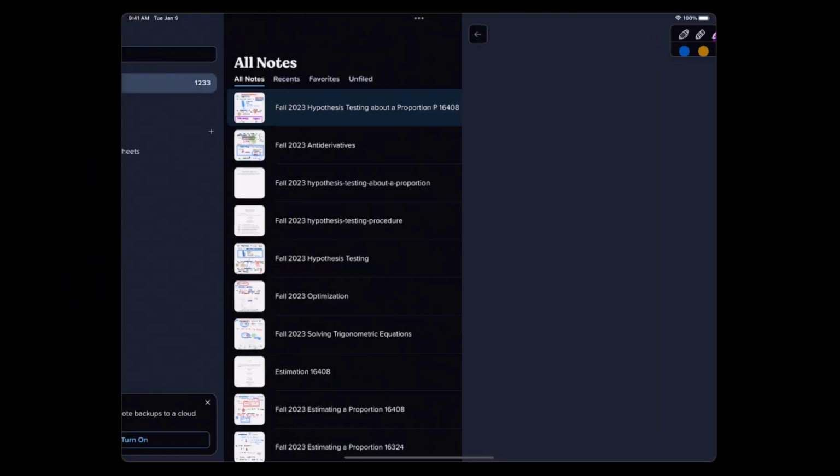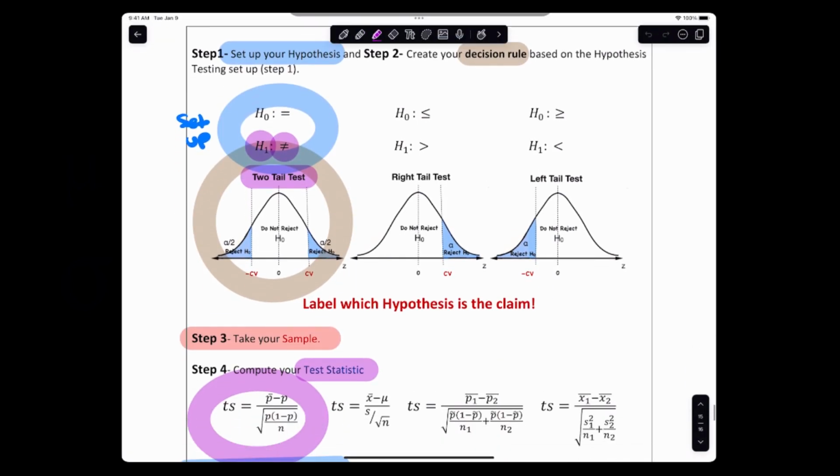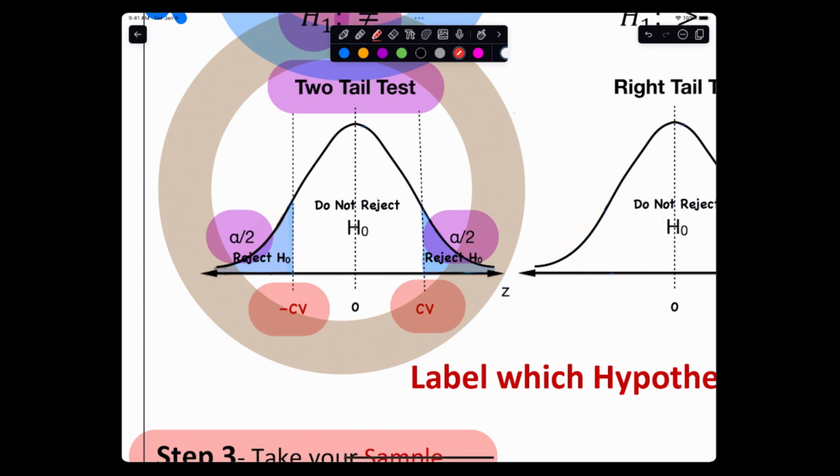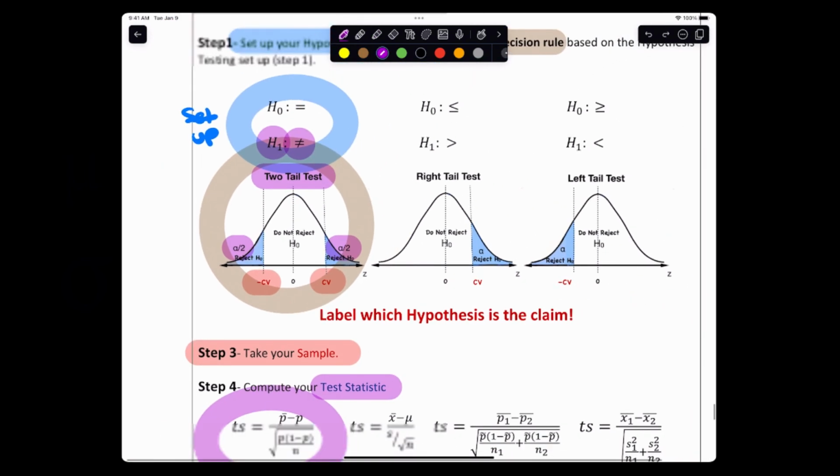So back here on the sheet, if you look really close, your procedure says alpha over 2, alpha over 2. We need these 2 critical values because alpha is the sum of the tails. I'm going to write that down here: alpha is the sum of the tails.